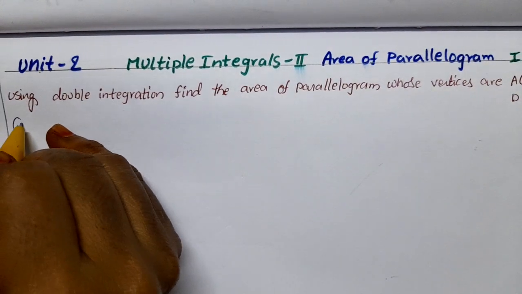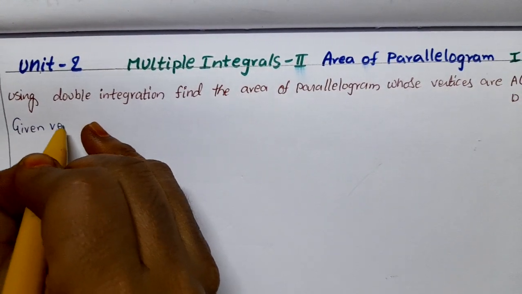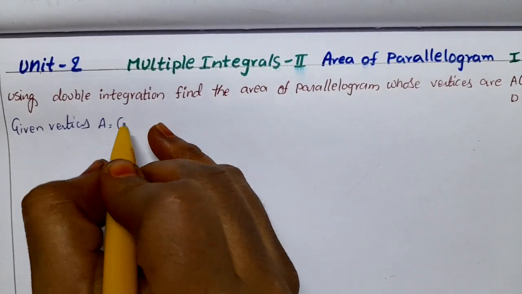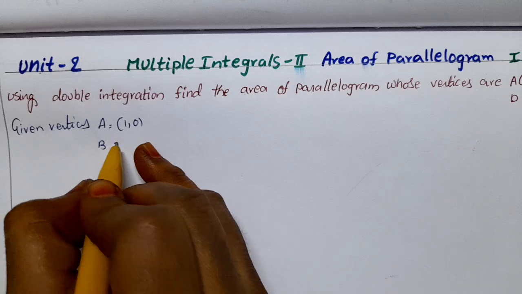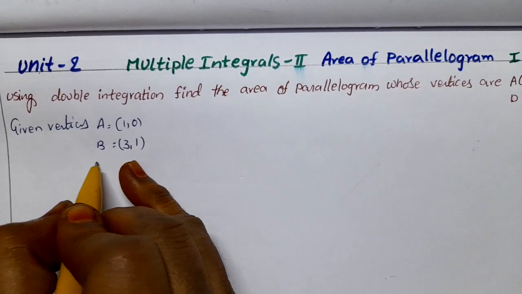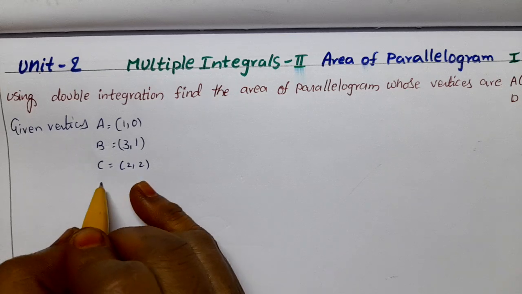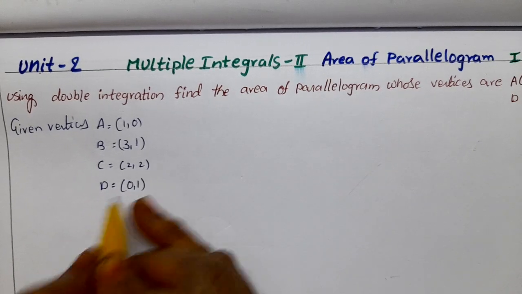Given vertices A(1, 0), B(3, 1), C(2, 2), D(0, 1).